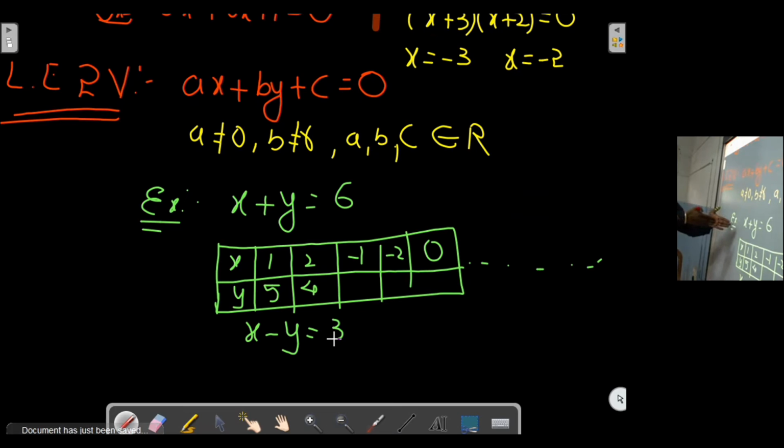You can take any pair here. Understood? They will only give it in the examination.